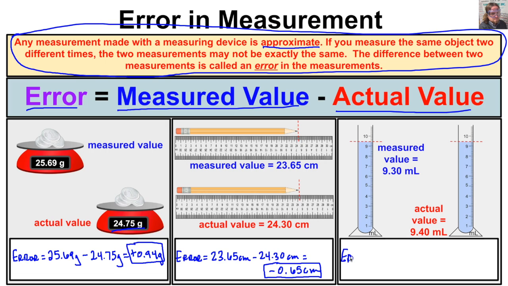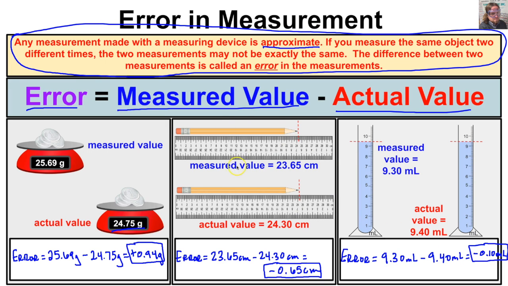Once again, to get the error in our measurement here, we take the measured value, which is 9.30 milliliters, minus the actual value, which is 9.40 milliliters, and we're going to end up with negative 0.10 milliliters. So the error in this student's measurement is negative 0.10 milliliters.